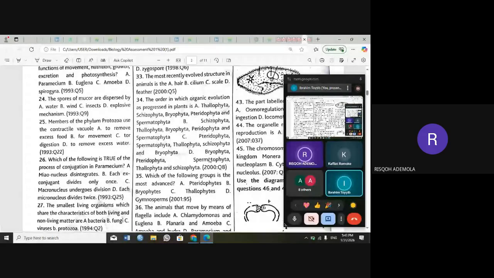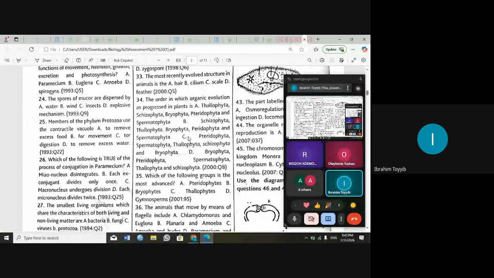Followed by what? Tracheophyta, right? So Tracheophyta is now divided into what? Pteridophyta and Spermatophyta, right? Yes, sir.